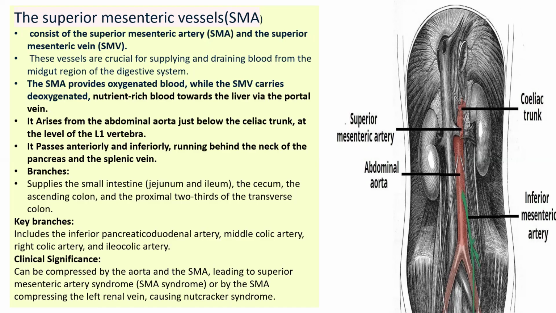When blood gets deoxygenated, it travels towards the liver instead of following the inferior vena cava to the systemic circulation. This deoxygenated blood travels toward the liver via the portal vein.